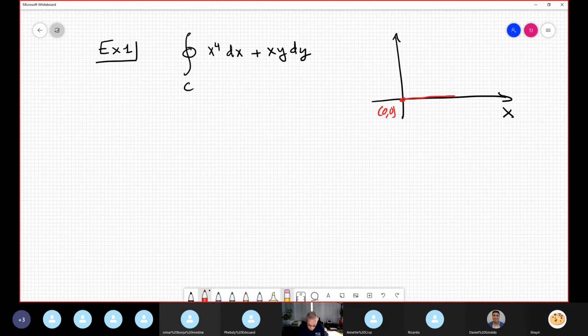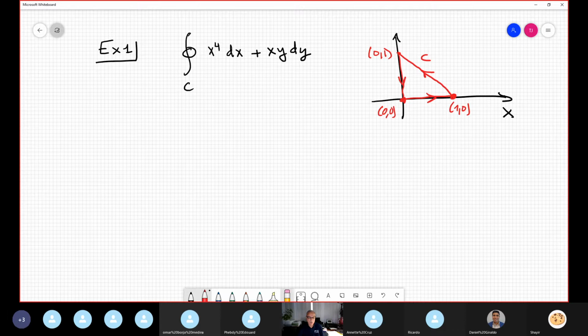In this direction, we go to 1,0. This direction, so the orientation is important. Here I go to the point 0,1 on the y-axis. And finally, a closed curve, like that. This is my curve C.